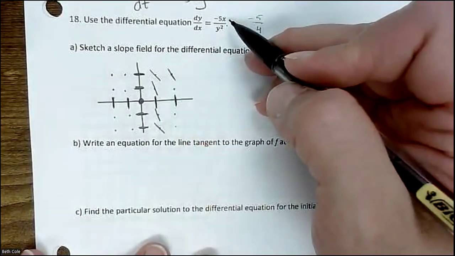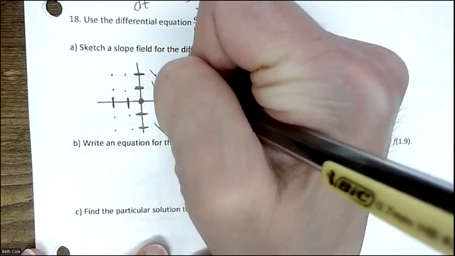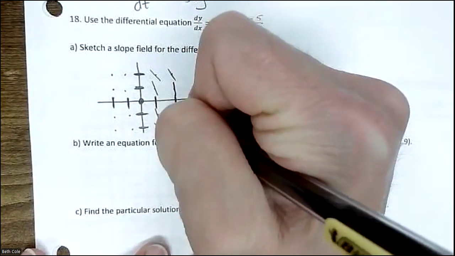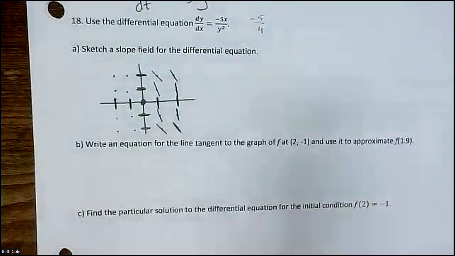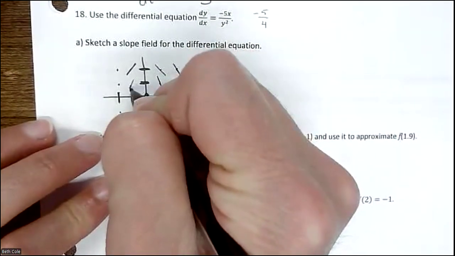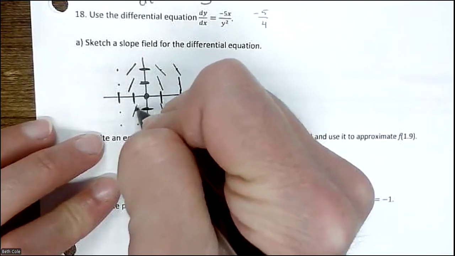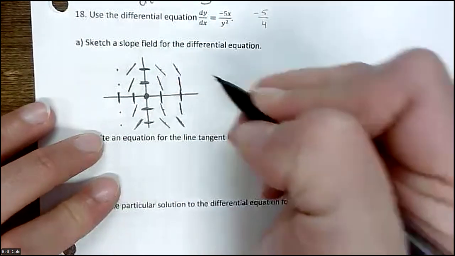And then 2, 1 would be -10, practically vertical. And then these are going to be the same. You can just copy them down over here, and then you can take those and reflect them to the other side. So something like this.